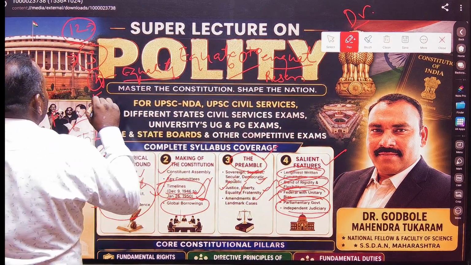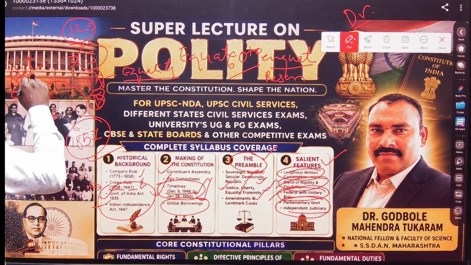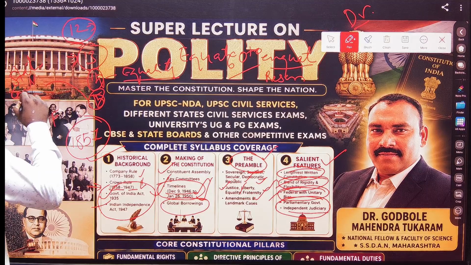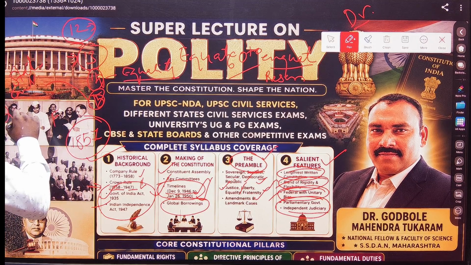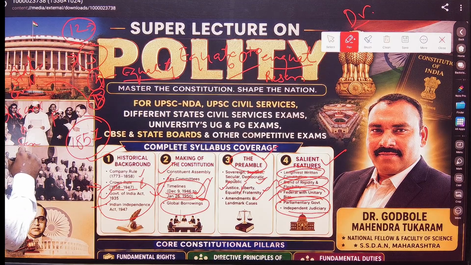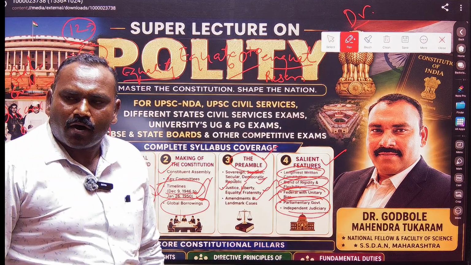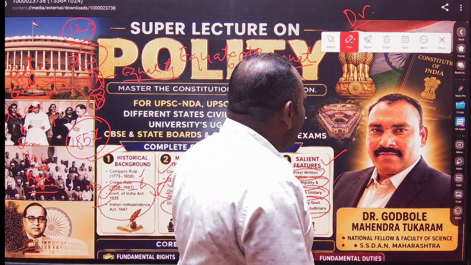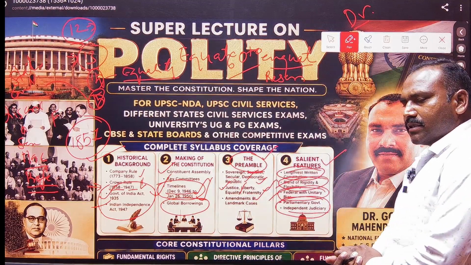Article 15 talks about the state. The state cannot discriminate on the basis of sex, place of birth, profession, or sexual orientation. All those grounds are null for discrimination. So no person can be discriminated on the basis of such things.